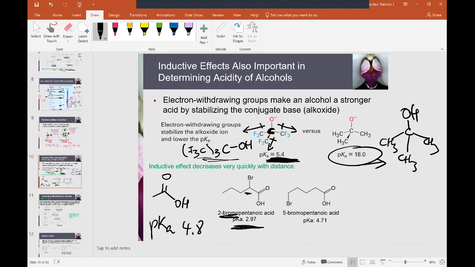If you have a bromine next door, just on the next carbon, there is a very important decrease in the pKa value. But if the bromine is farther away, like in the case of 5-bromopentanoic acid, the decrease is just from 4.8 to 4.7, which is very little. So that is a very important thing: the inductive effect dies very quickly with distance.